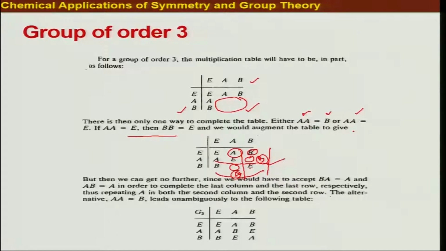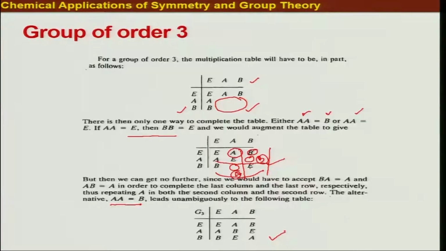We are left with the condition AA equals B. So, instead of having AA equals E, if we choose AA equals B, then we can end up getting this particular table, and you can do it yourself step by step.